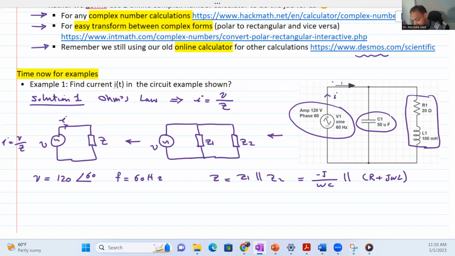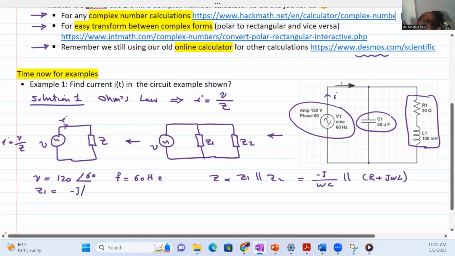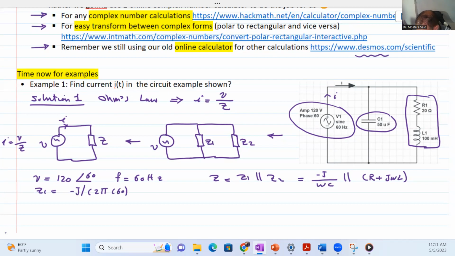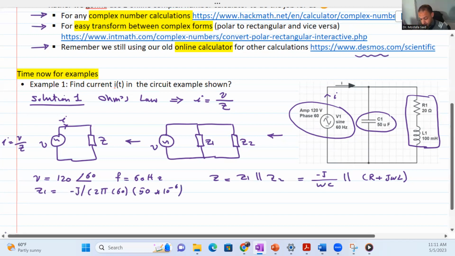Okay, so once we know omega, we know Z1 and we know Z2, right? So Z1 equals minus j over 2 pi f, which is 60 hertz, times C, which is 50 micro. And micro, you should convert to farads, so it will be 10 to the minus 6.